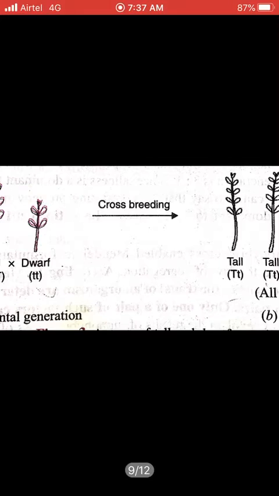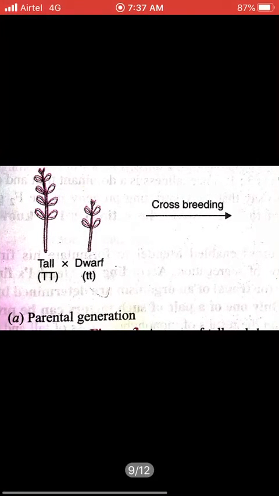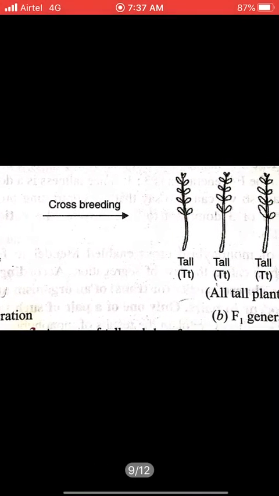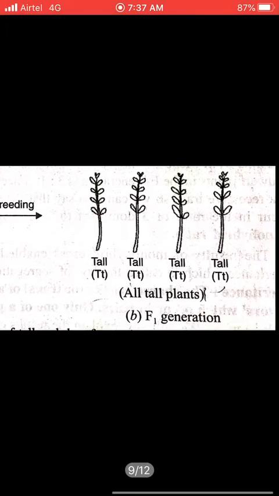Now, in this we have taken the parent generation, one tall, one dwarf. It is clearly in the picture, one tall and one dwarf. Tall is expressed with capital TT and dwarf is expressed with small tt. When they are crossed, what do we get in the F1 generation? We get all tall plants. Why so?